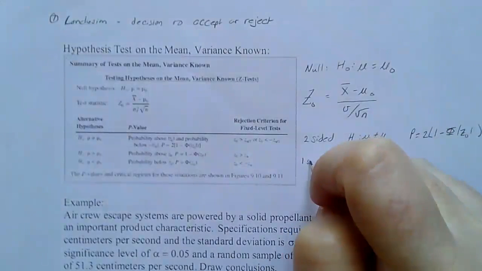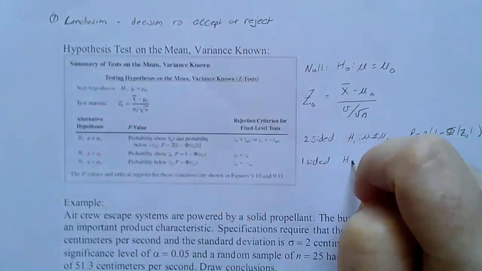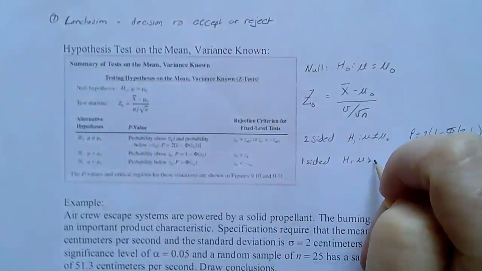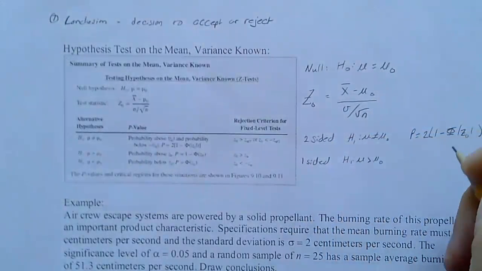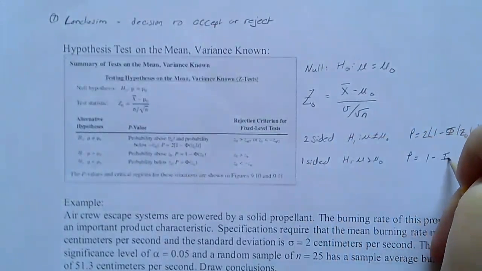For our one-sided, we have two different ways of looking at this. For saying that we have a measured mean that is greater than mu naught means that the probability is equal to 1 minus the z-test statistic.